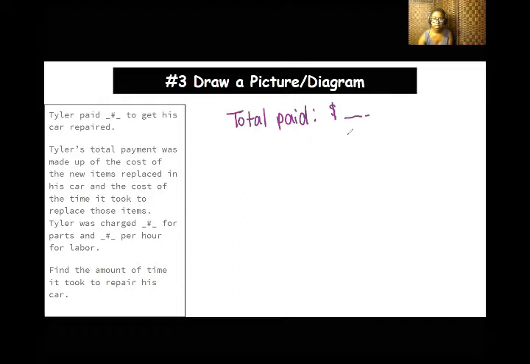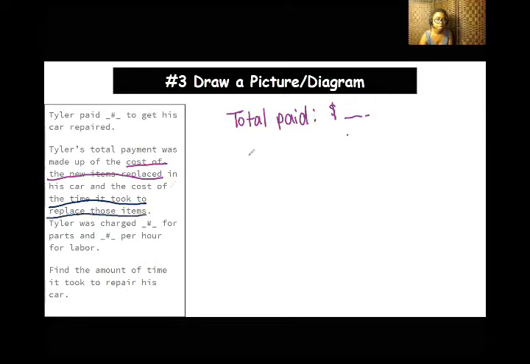And this certain number was broken down into two sections, remember? So the total payment was made up of the cost of the new items replaced in his car, and also the time it took to replace those items.